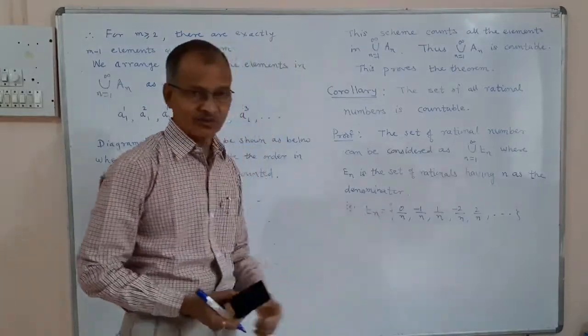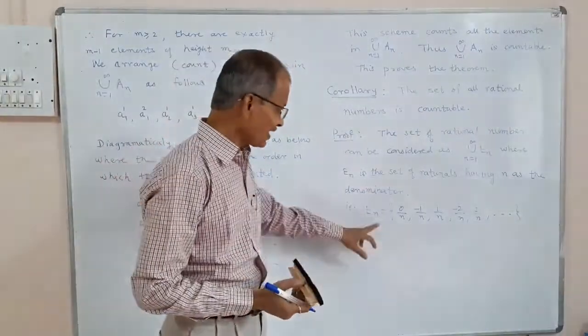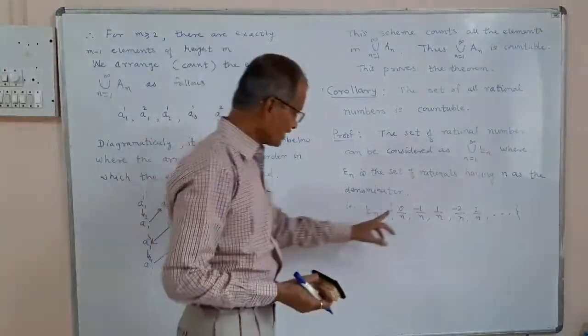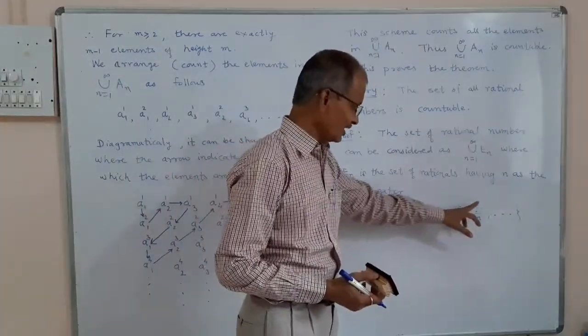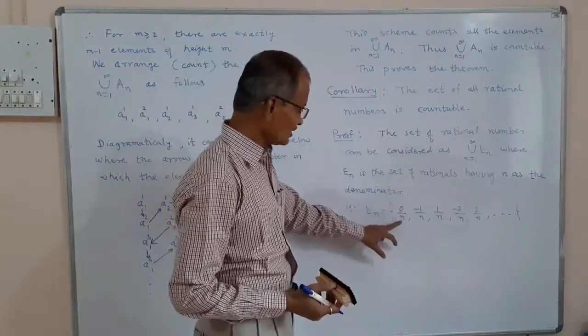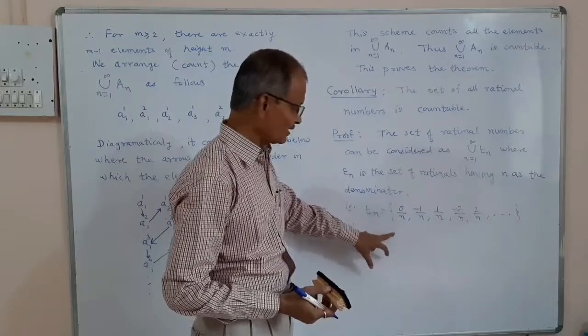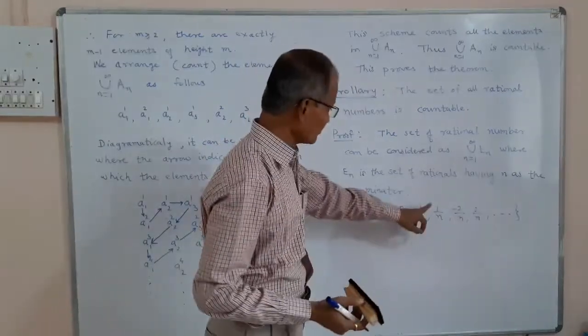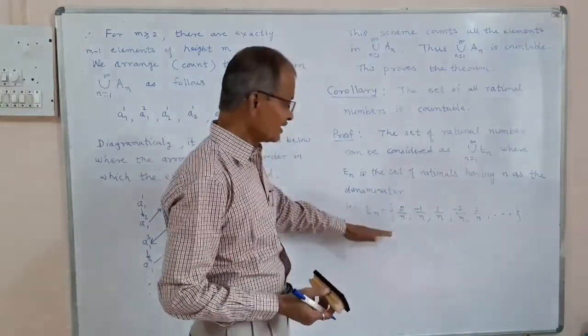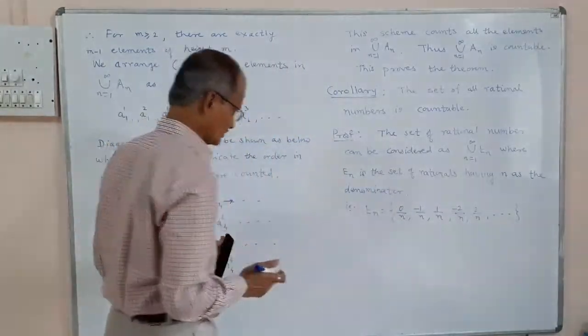Now you see this En is equivalent to which set? This En is equivalent to the set of all integers. Because here the numerators are integers, the relation can be considered as: integer 0 is related to 0 by n, integer -1 is related to -1 by n, 1 is related to 1 by n, and so on. So this set is equivalent to the set of integers.